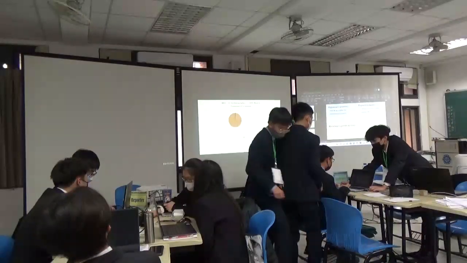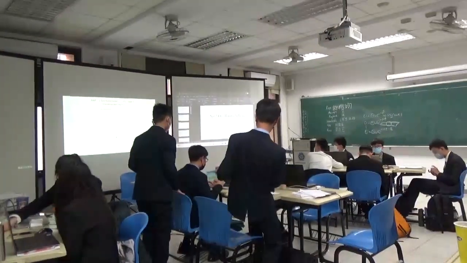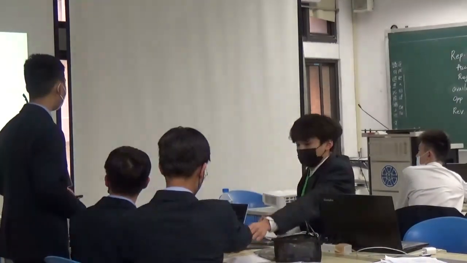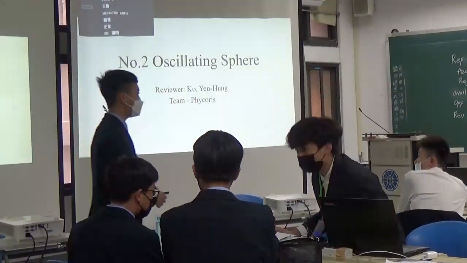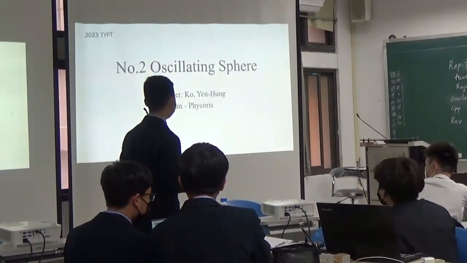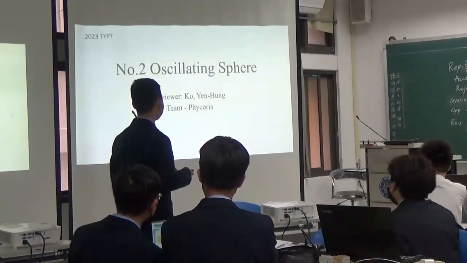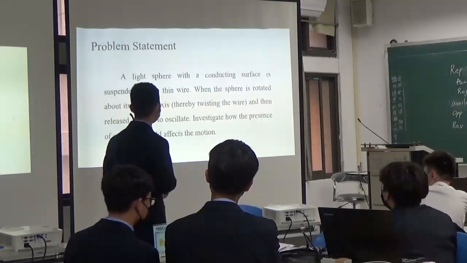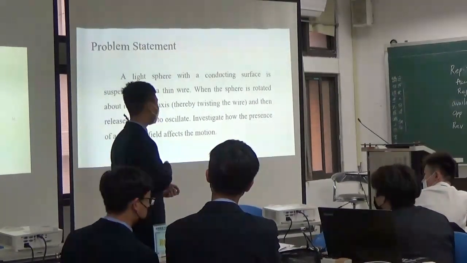Reviewer, please take the floor. Okay, thank you, the recorder and the opponent. I'm the reviewer of Team Cypress, and today we are doing problem number 2, the oscillating sphere. This is the problem statement with the classification.